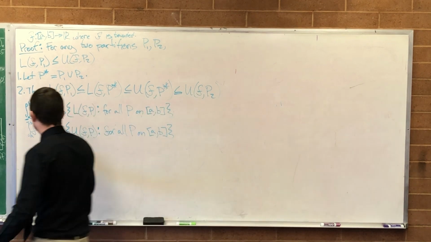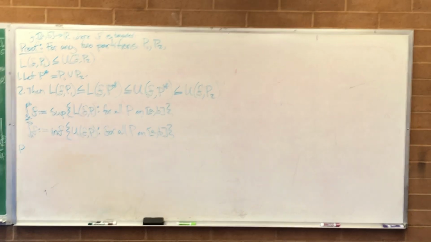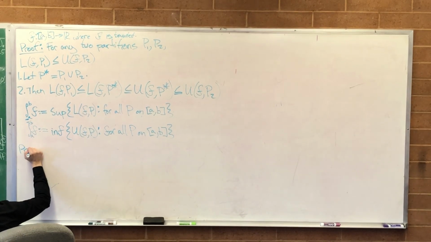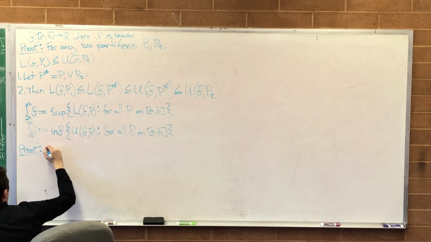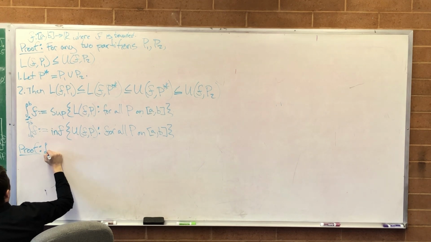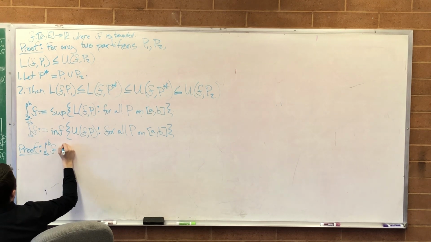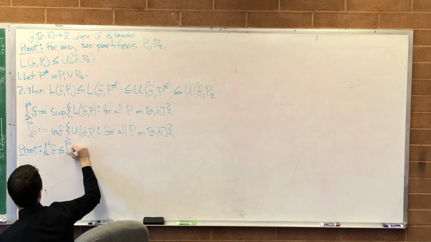So let's do a proof real quick, just a real small proof. Given some function f with all the conditions that it normally has, and given partitions, we want to prove that the lower integral is always less than or equal to the upper integral of f.